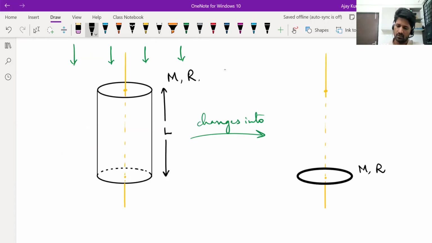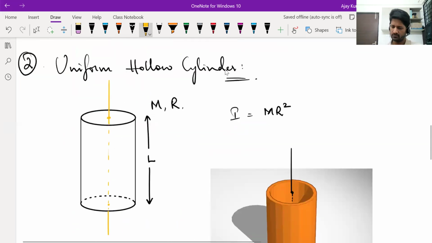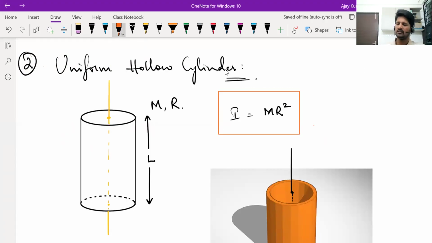And we already know the moment of inertia of a ring about its own axis is mr square. If it is mr square for this ring about this axis, then for the cylinder about that axis also, it will be mr square itself. And that's what we expect it to be. So for a hollow cylinder about its own axis, the moment of inertia is mr square. Is this clear to all of you? Any doubt in this?